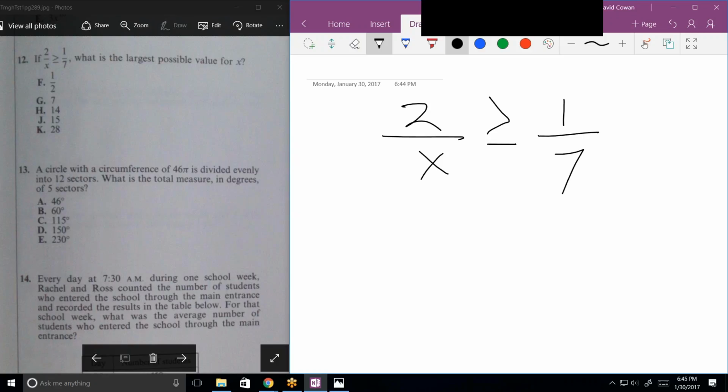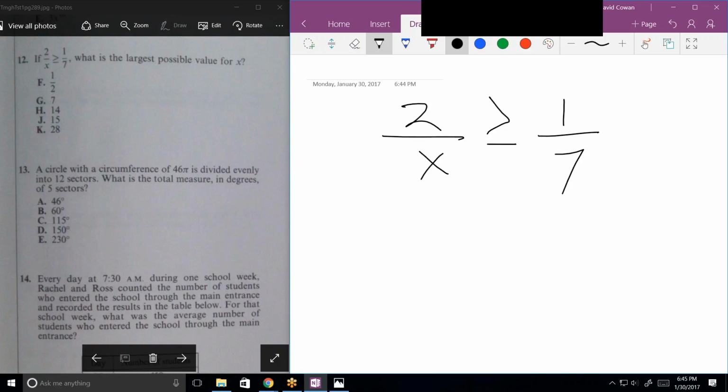I'm multiplying both sides by x. Well, it depends on whether x is positive or negative. If it's negative, I have to switch the direction of the inequality sign. If it's positive, I leave it the same, and I don't know what it is. So this is not the easiest inequality to solve. You cannot really multiply both sides by x.